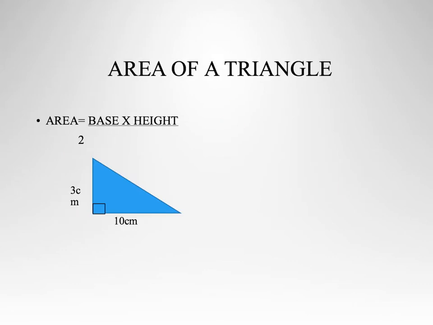Okay, now let's move on to area of a triangle. So if you'll please write area of a triangle. And on this one, the formula for area of a triangle is area equals base times height divided by 2, or you'll also see it as area equals 1/2 base times height, and it's the exact same thing.